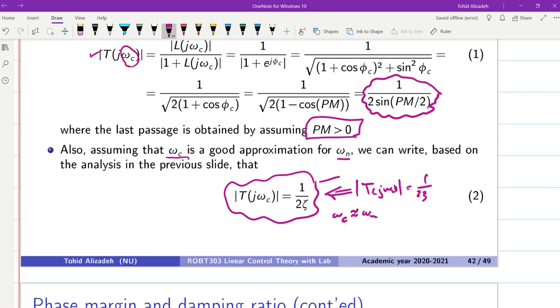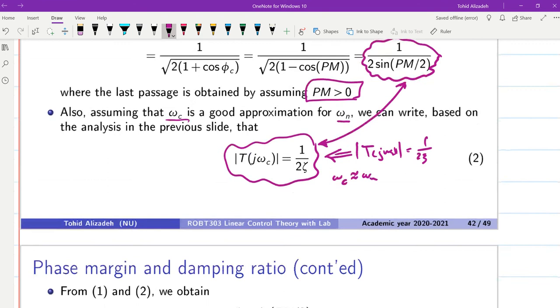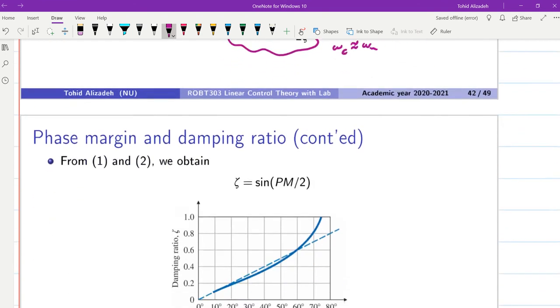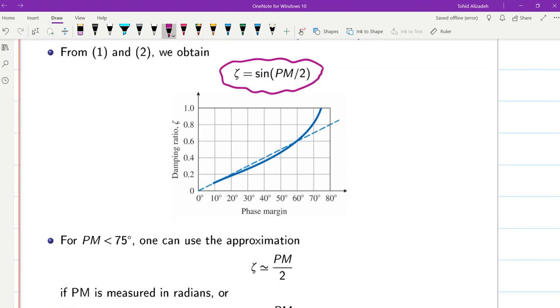On the other hand, we have this expression over there as well. So it means that these are going to be equal to each other. If we set them to be equal to each other, then we will get zeta equal to sine of phase margin over 2. So you can see here a direct relation between the phase margin and the value of zeta.